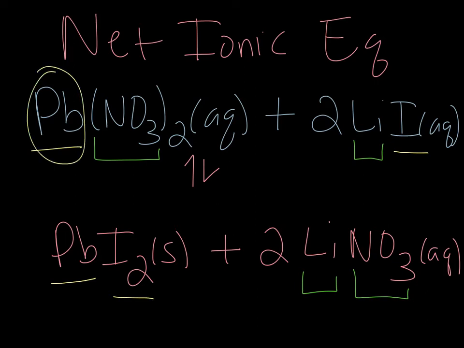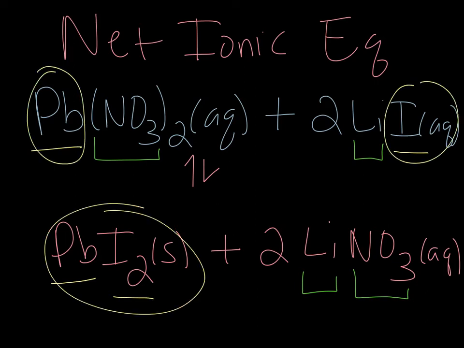So lead and iodide have changed to make lead iodide solid. This is called a precipitation reaction, when you have two aqueous ions form to make an insoluble compound that falls out of solution. In the next video, we'll talk about different classifications of reactions, but we'll just write here so we can remember.